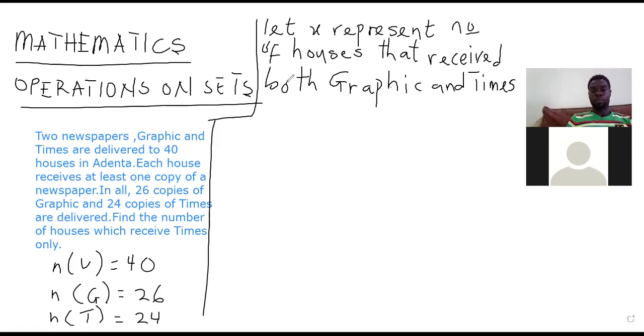Very good. Now, each house receives at least one copy of a newspaper, so we wouldn't have the region 4. Houses that did not receive any of the newspapers will be 0.